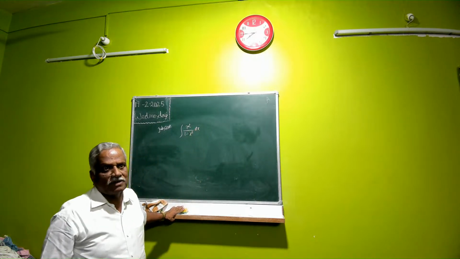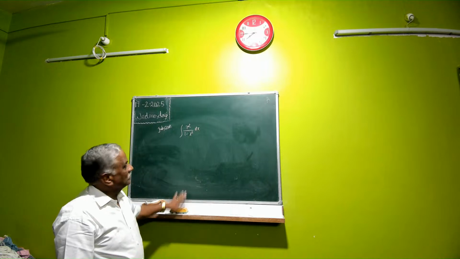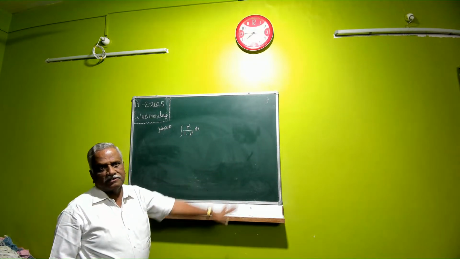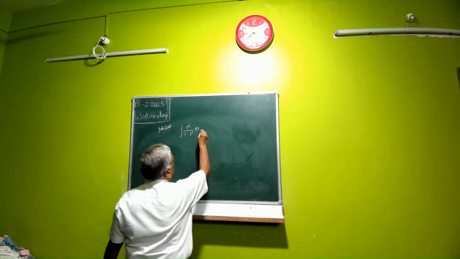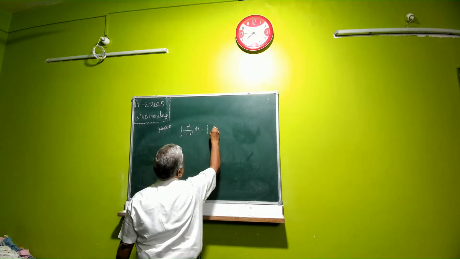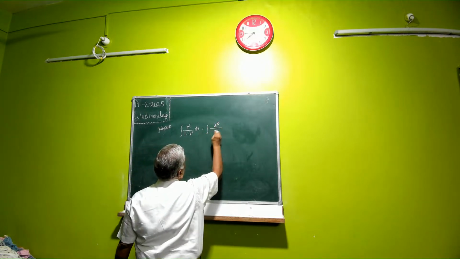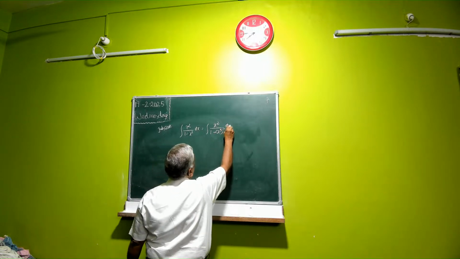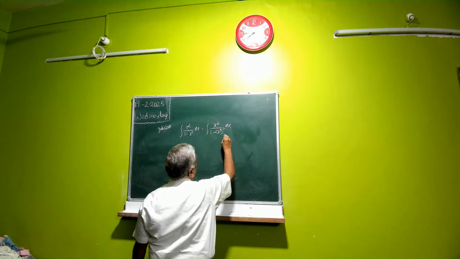If it is 1 plus, the formula is different. Here also, if you have worked earlier, that will be easy for you. The method is, you can write this problem as x square over 1 minus x cube whole square. Now put x cube equals t.